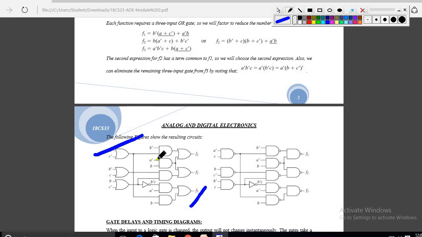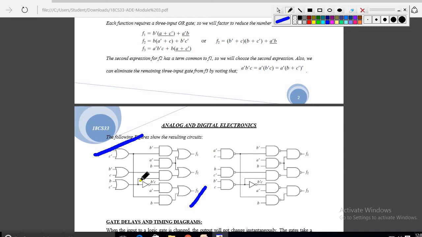So here one more thing you have to remember: once you form this realization circuit, wherever the other gates, the AND gates, are there, you have to replace them with NAND gates. See here, AND gate is there, so you just have to replace the same thing by NAND gate, or the OR gate also is replaced by NAND gate.